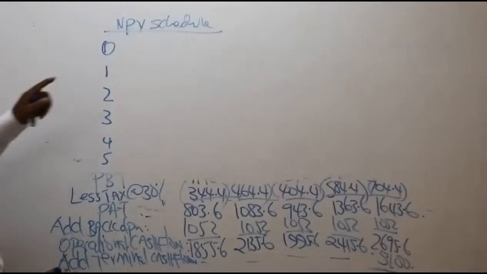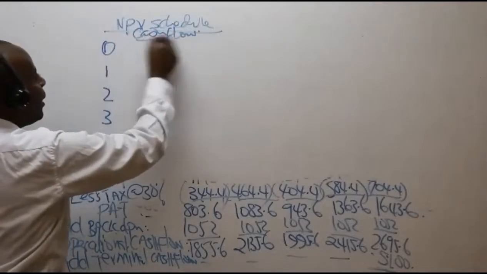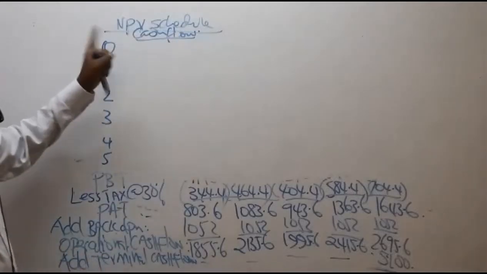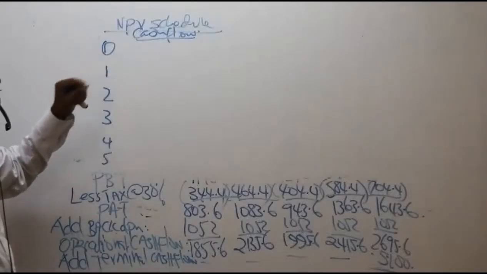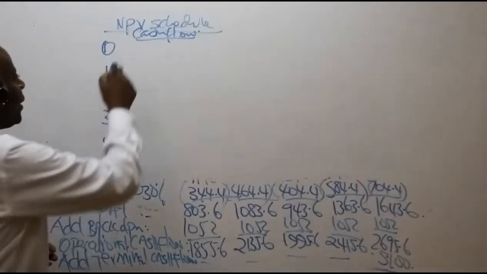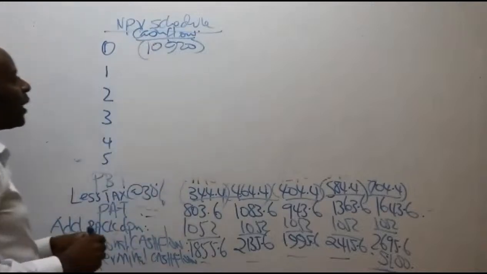Year 0, do we have our initial outlay? Who is able to remember our 10,920? So the 10,920 is an outlay. It has to be put in brackets like that.